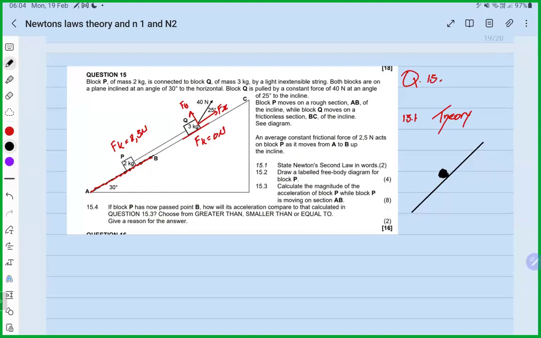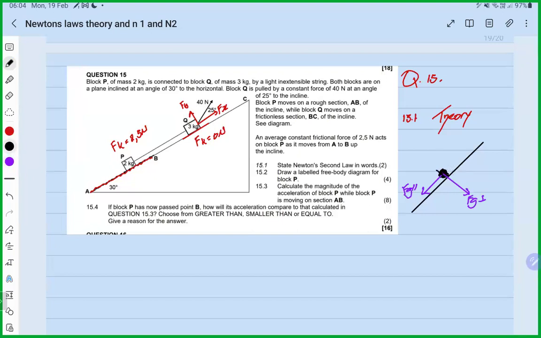I prefer using components, as I told you. So there's my Fg parallel, always acting down the slope, Fg perpendicular at right angles, and then we fill in the rest.